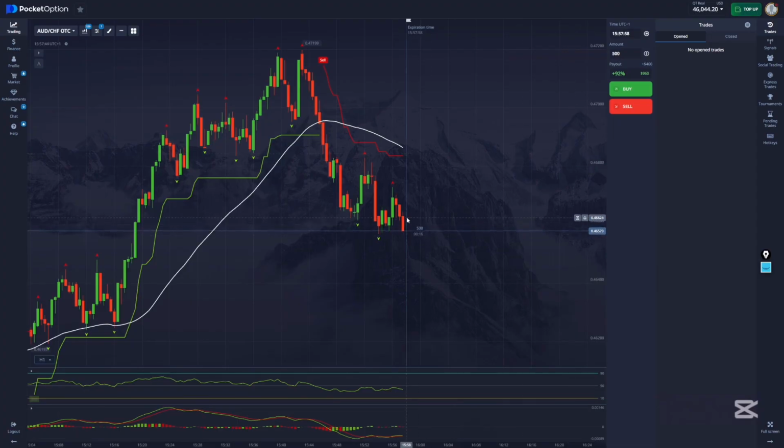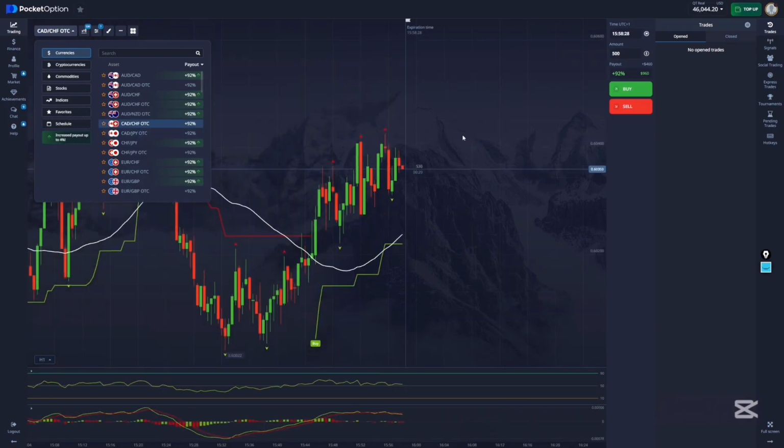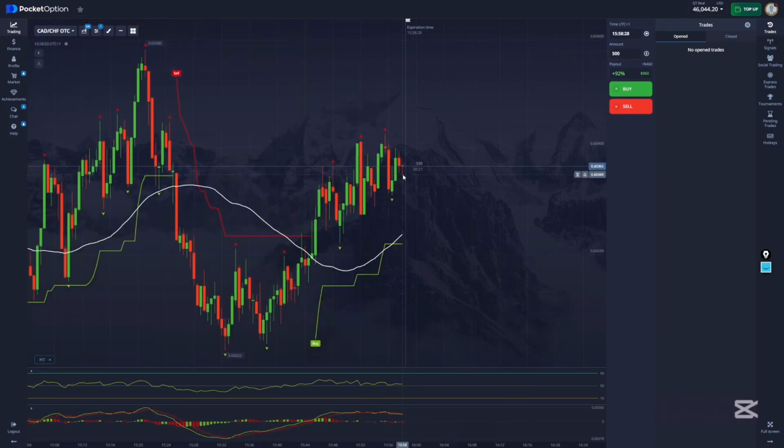You see here we had a good place. We should get a trade on this candle here. When the fractal shows on, we should get a trade here. On this one also, we should have a trade here. 1, 2, 3, yeah. On these candles we should have a trade.